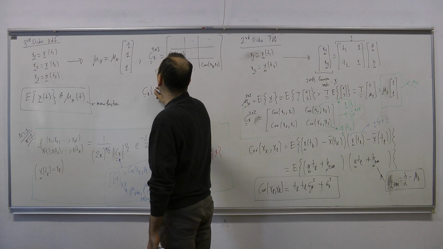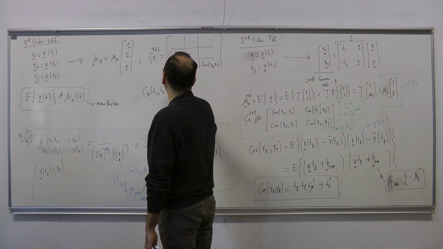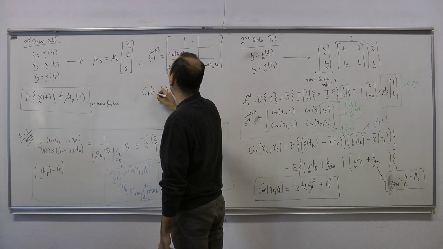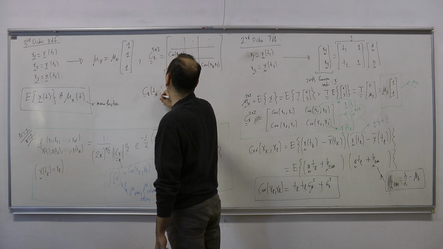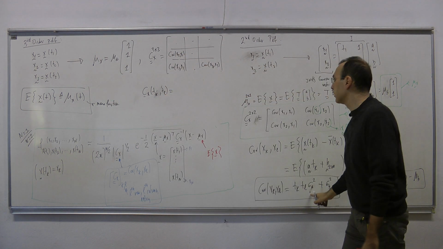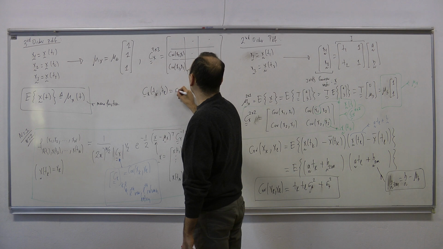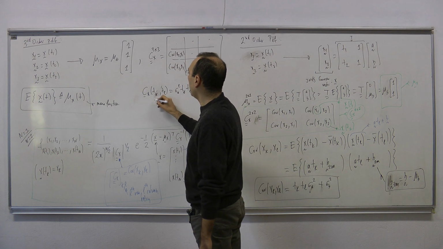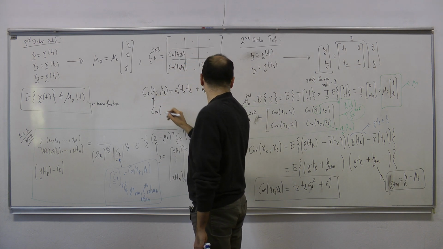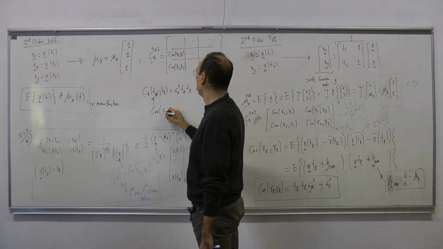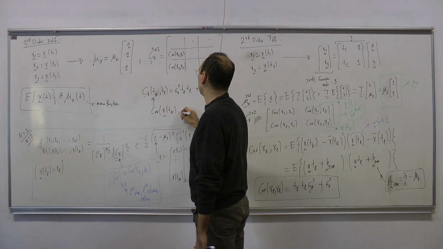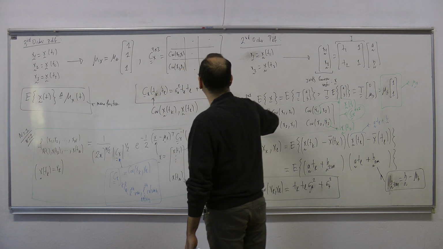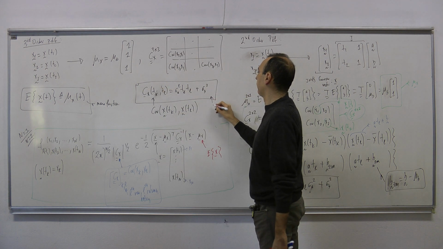Now there is also a definition, C_X(t_k, t_l). It will be this: sigma A squared, plus sigma B squared, and guess what this is? This is called the covariance function.